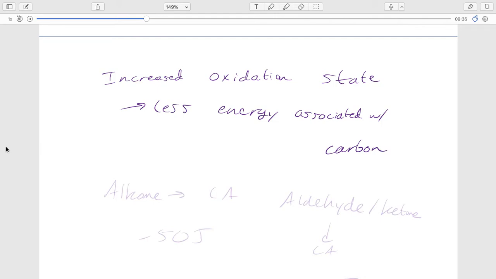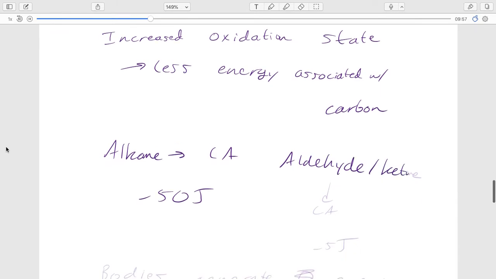Let me move this down so we have room for that. So when we go from alkane all the way up to carboxylic acid, I'll say that's like negative 50 joules of energy. Whereas if we go from like an aldehyde or a ketone up to a carboxylic acid, say that's like negative 5 joules. Because the alkane started at a lower oxidation state, it has the potential to release more energy.